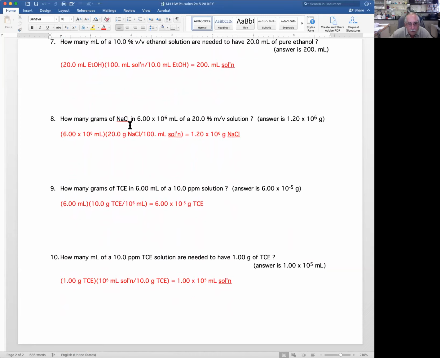And this is what? 6 million milliliters of what? The solution. Okay. So cancel out milliliters of the solution. Keep grams of sodium chloride. There's your answer right there.